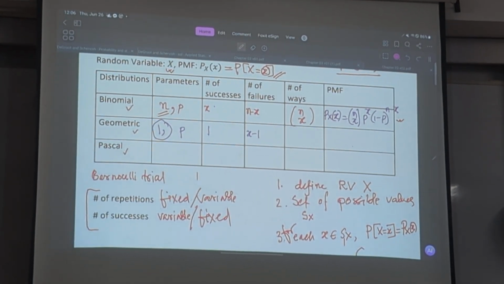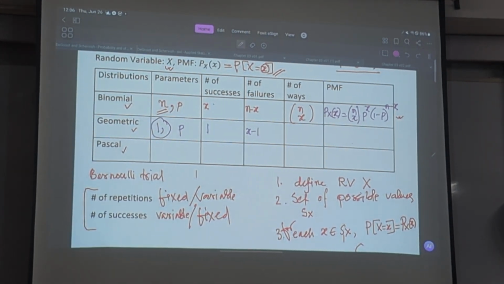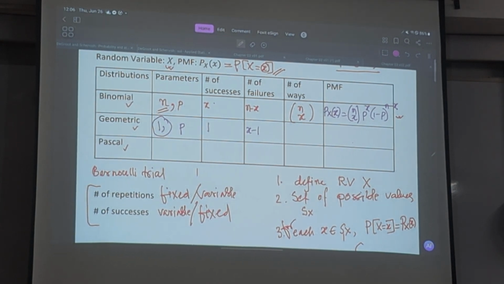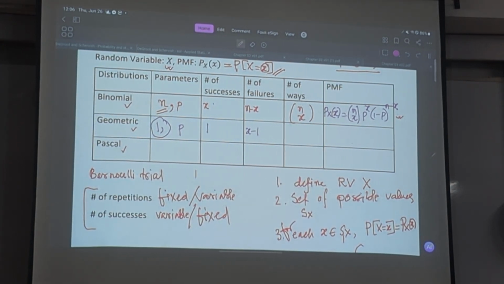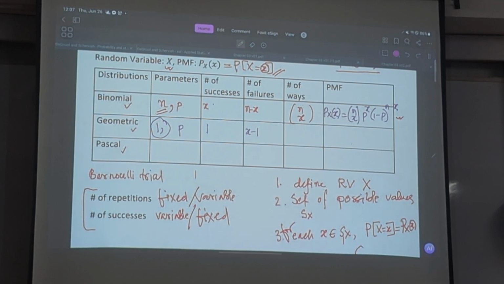How many ways can that occur? In a geometric distribution, when you end up with a single success, always you will have a single path, because a number of failures is followed by the success.